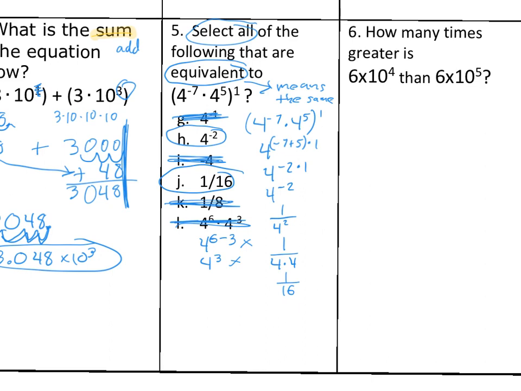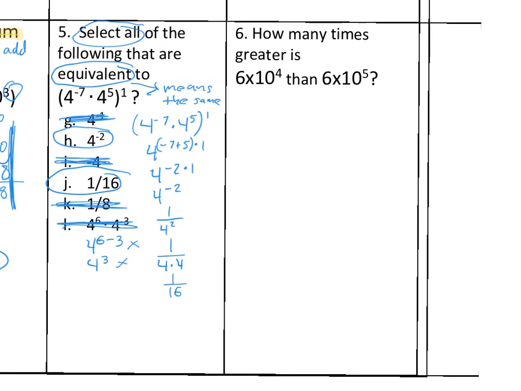Okay, going on to our last one. This was, remember from yesterday, one of our easier problems. How many times greater is 6 times 10 to the 4th power than 6 times 10 to the 5th power. So in this one, I do see an issue.